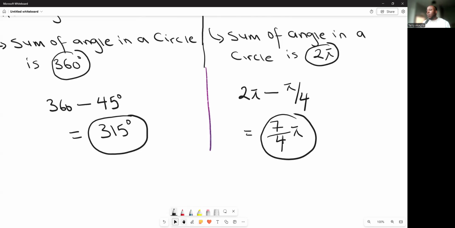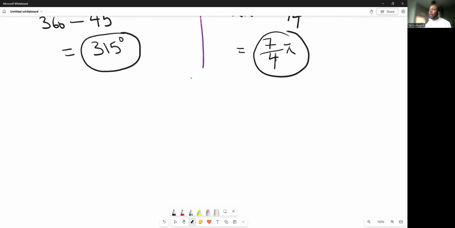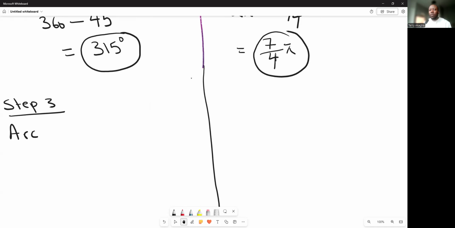Then the next thing is that we're going to find the arc length. So that's step 3. Because we're working with degrees, the arc length is going to be equal to theta over 360 times 2 pi r.